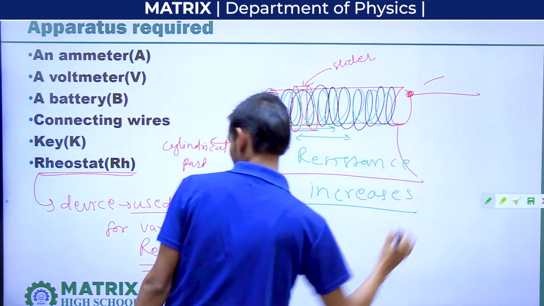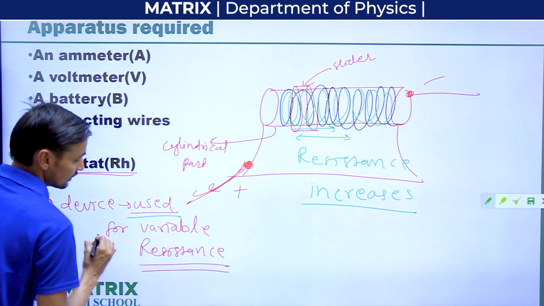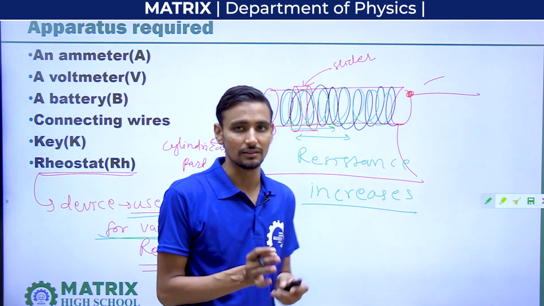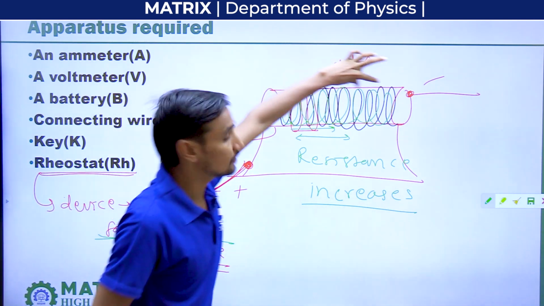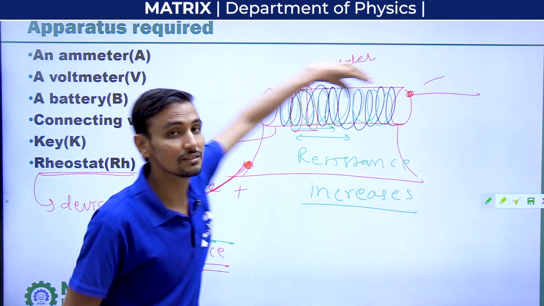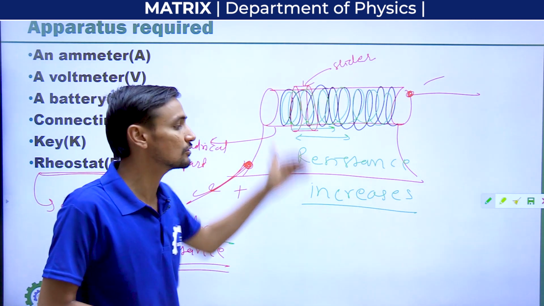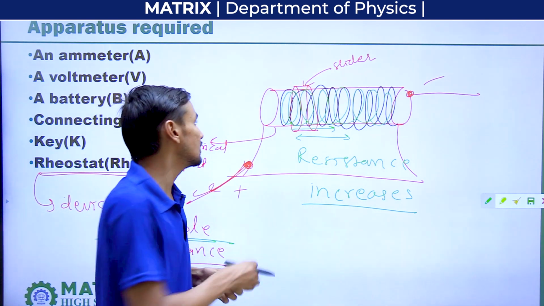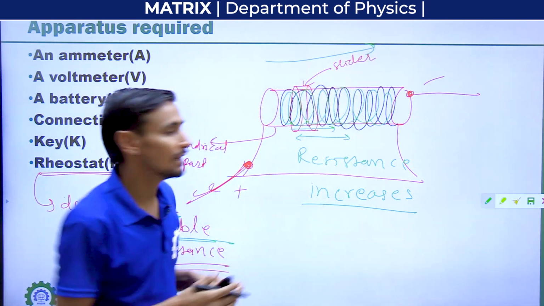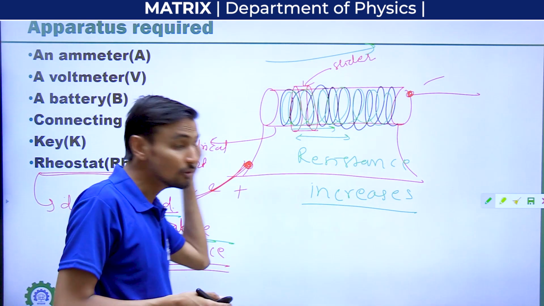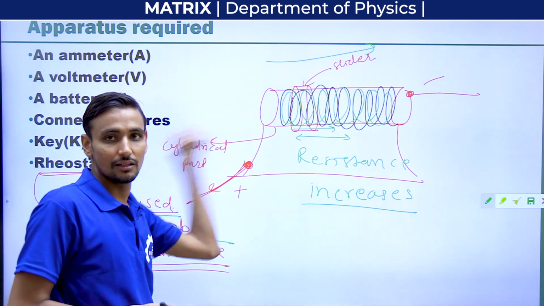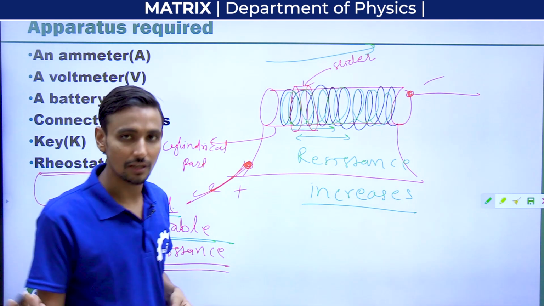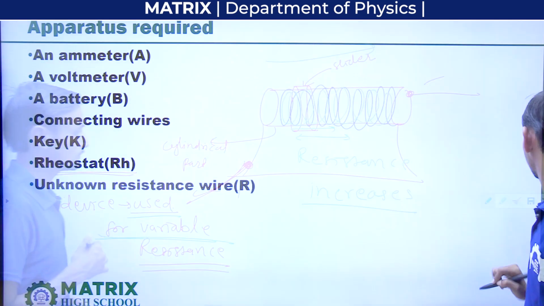As we have said, it is a device used for variable resistance. As we move this slider, the resistance of the rheostat increases or decreases. As we move this slider on this side, resistance will increase. As we move this slider to this side, the resistance will decrease.